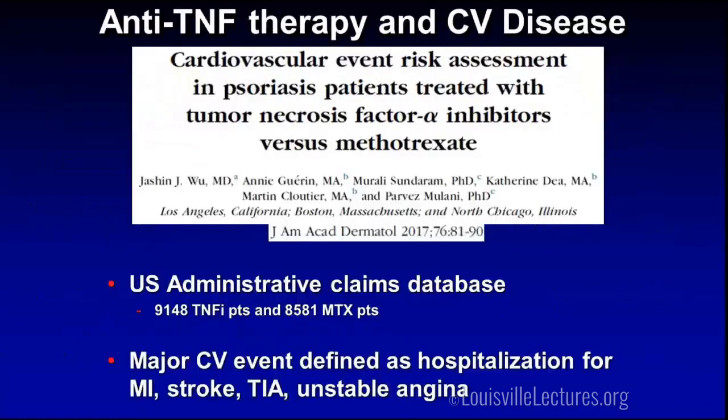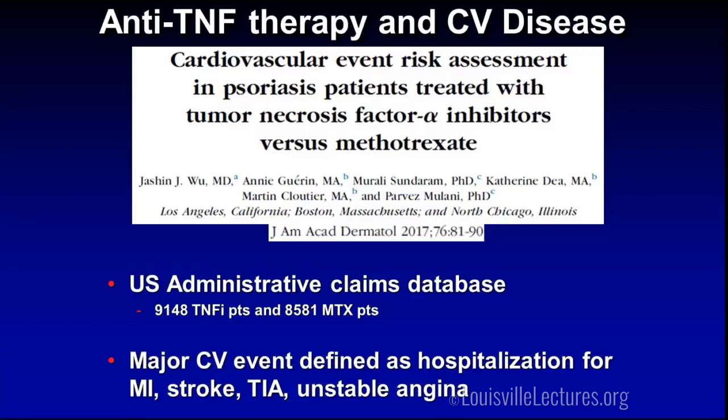What about cardiovascular events? I think this is really the holy grail. Will these medicines help prevent cardiovascular events and cardiovascular disease in these patients? This was a study from 2017 where Jiaxin Wu and his colleagues looked at a U.S. administrative claims database.